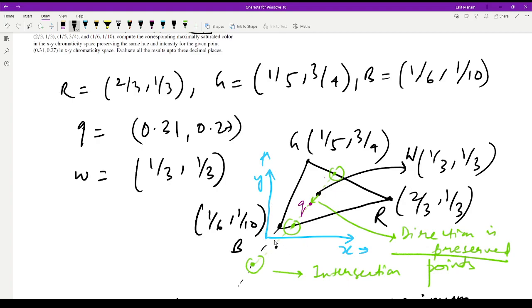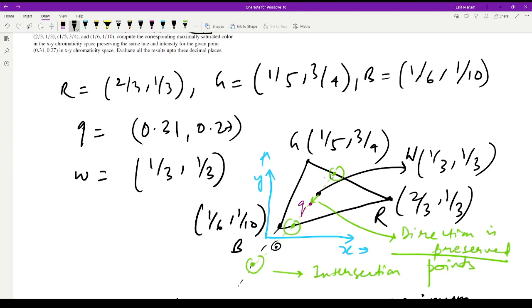I hope my mouse pointer is visible, else I think it will be very confusing for you. Okay. So what can you say about this point? It's lying outside the triangle, right? Yes, sir. Outside the triangle.